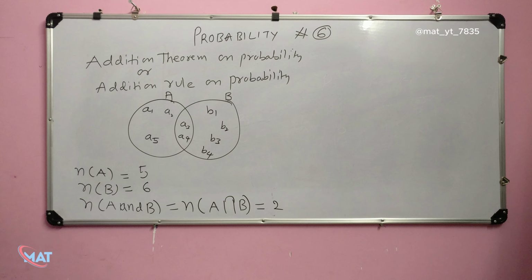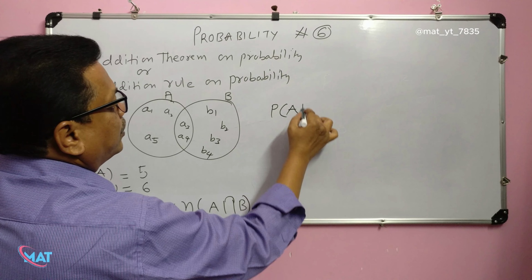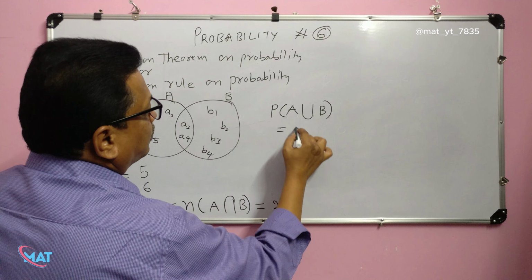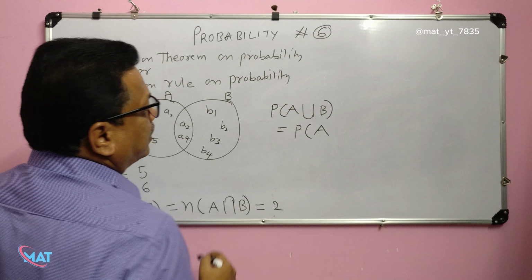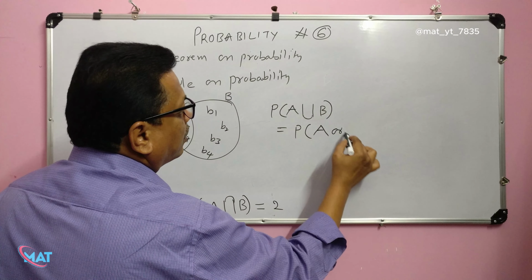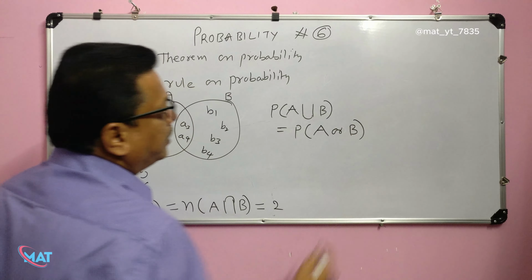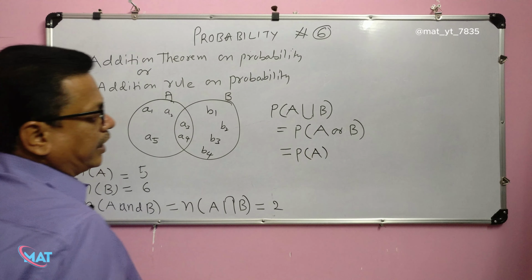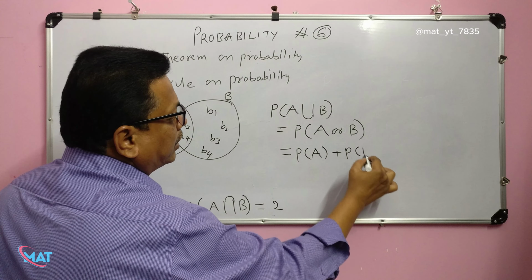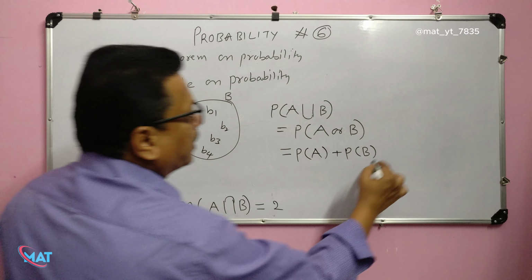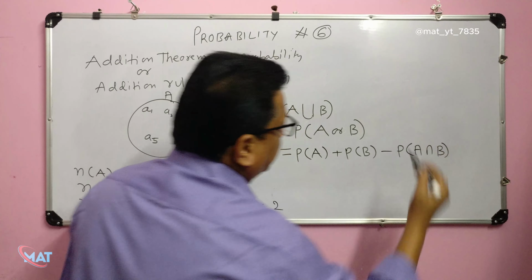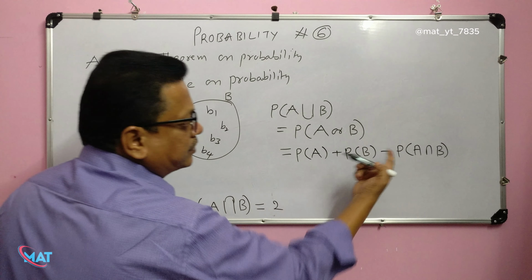Now the theorem states that the probability of A union B, that is, the probability that outcomes of event A or event B may appear, any one of those two, A or B, is given by the probability of event A plus the probability of event B minus the probability of event A intersection B. Why do we need to subtract this?